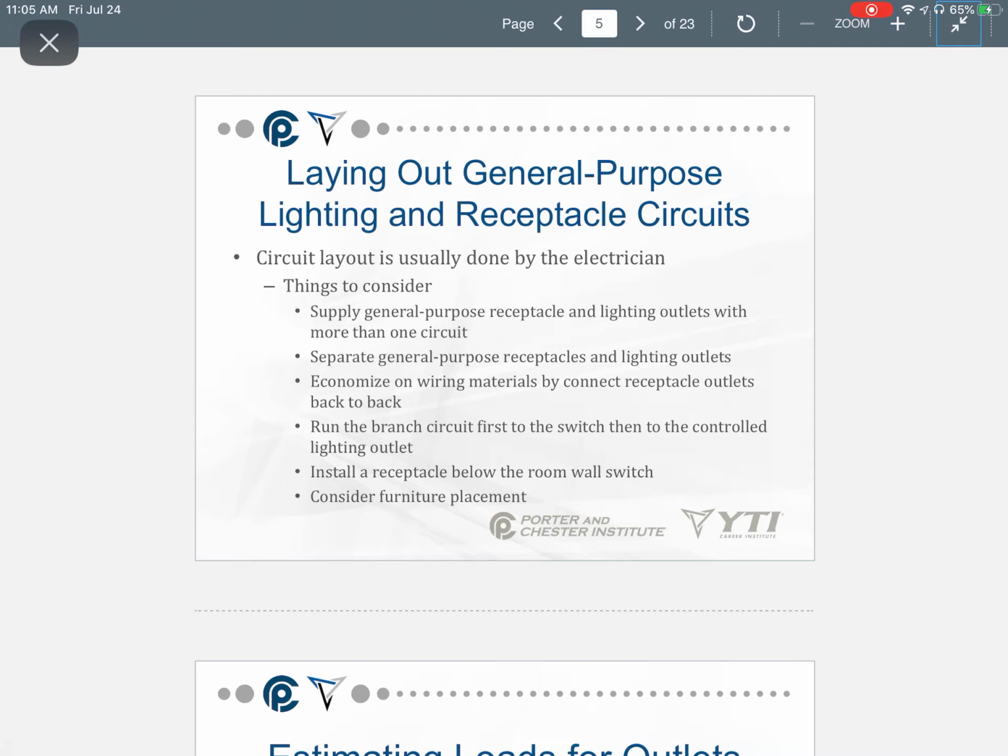Nowadays in a typical house, we'll probably have more than one lighting circuit. Back in the early days, you might have only had one circuit for lighting and receptacles and so forth.